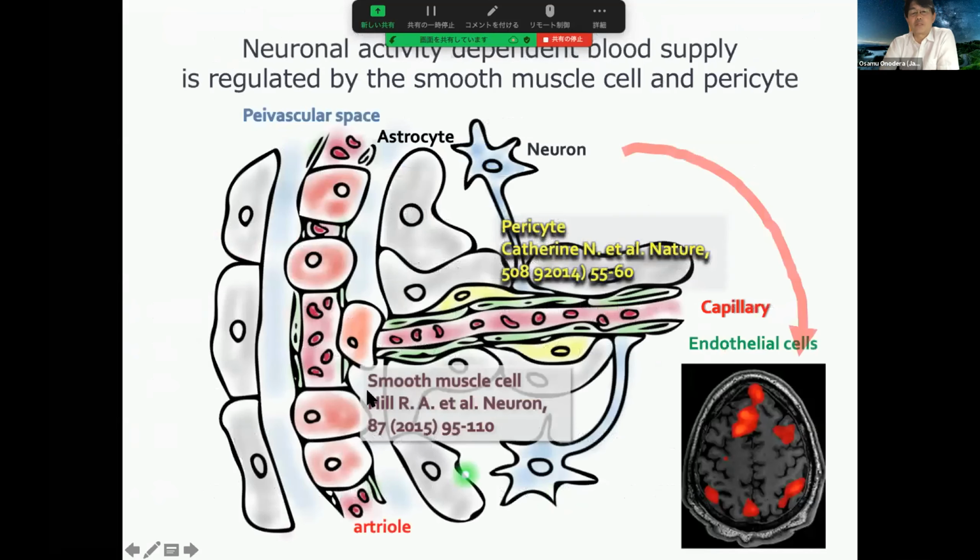In small vessels, pericytes or a specific type of smooth muscle cells regulate the activity-dependent blood supply in the brain. Therefore, we can speculate that in CARASIL patients, after the degeneration of these types of cells, activity-dependent blood supply may be disturbed in these individuals. It causes some kind of dysfunction in the nervous system.